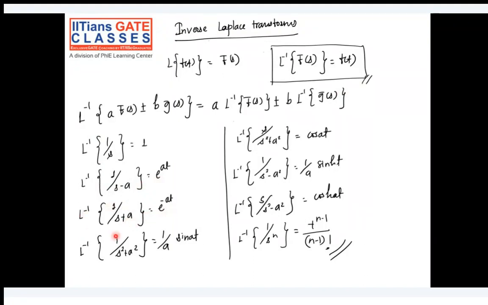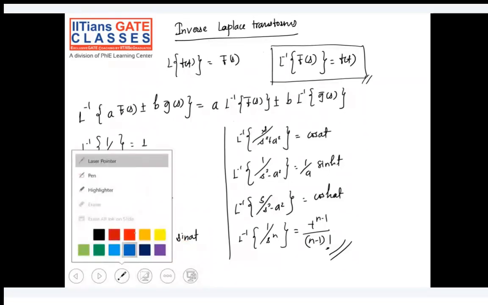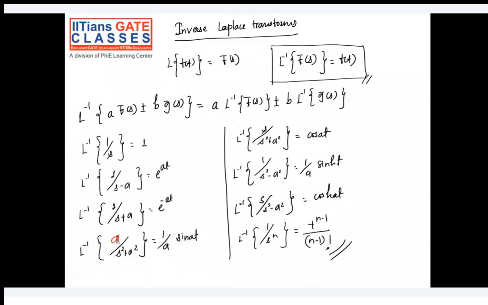Inverse Laplace transform of 1 divided by s square plus a square is 1 upon a sine of at, because this a can be written here. If a is in the numerator, you should not write this term directly. Inverse Laplace of a divided by s square plus a square is sine of at, but inverse Laplace of 1 divided by s square plus a square is 1 upon a sine of at.